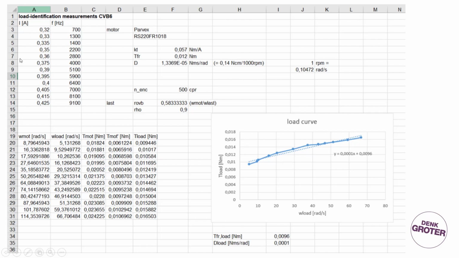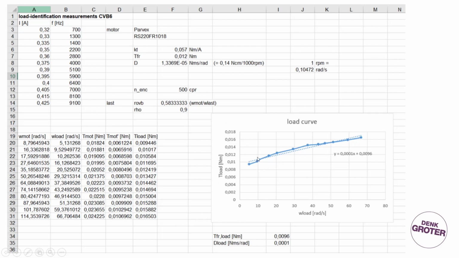By using the current measurement data I can calculate the motor torque, the net motor torque, and based on the transmission information I can calculate the load torque. So now I have for every measurement point the load torque and the angular speed of the load. And I can make a graph of it in Excel.